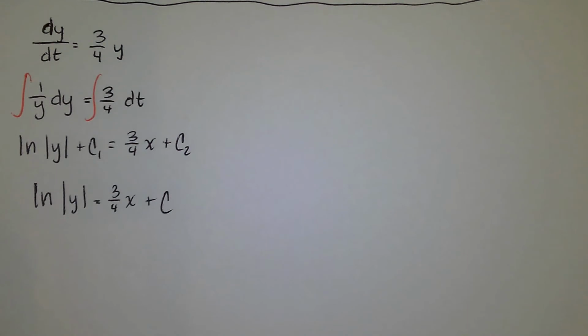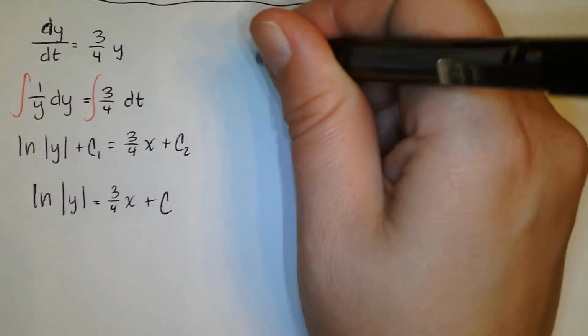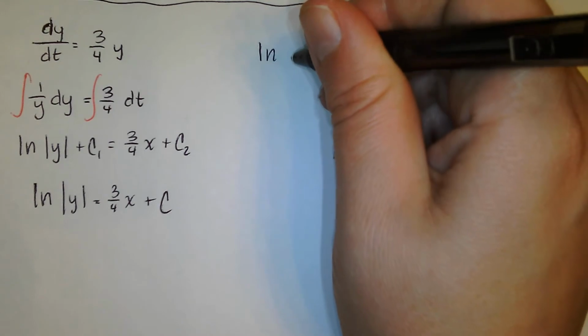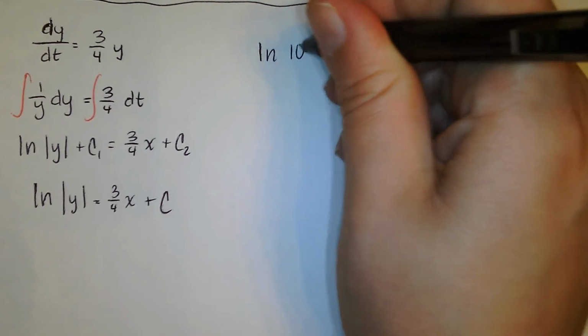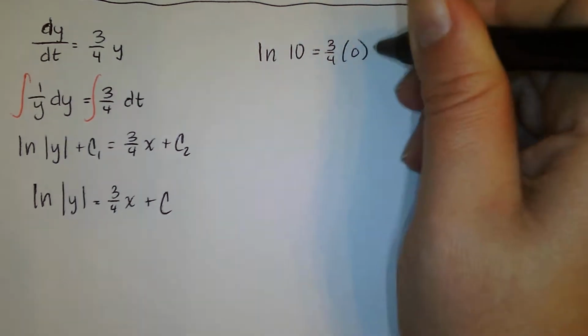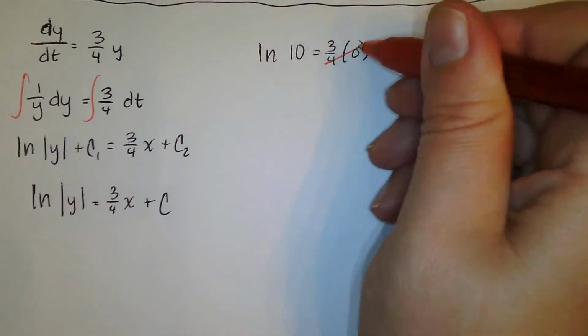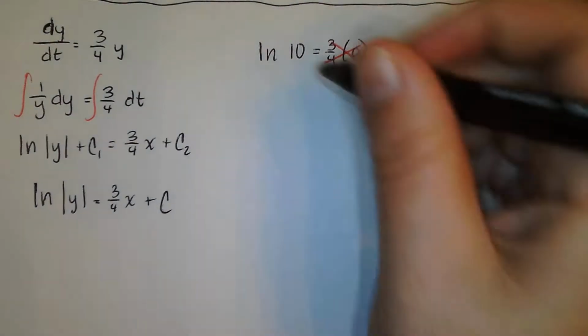And remember, they're just constants, so when they combine, they just combine to make a new constant. You don't have to do anything special with them. Anyhow, let's plug in our initial value of (0, 10). So ln of 10 is equal to 3/4 times 0 plus c. Well, 3/4 times 0 is just 0, so c is definitely equal to the ln of 10.